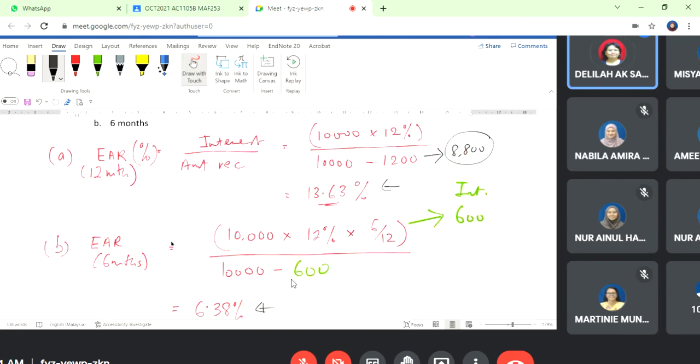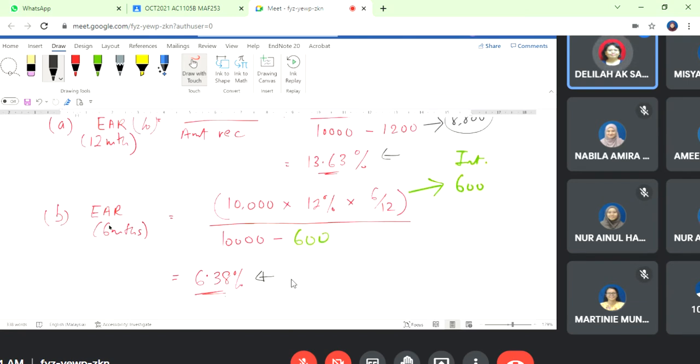Okay. So anytime the loan period is less than 12 months, okay, so in this example, this is 6 months. Kalau ada 3 bulan, 4 bulan, 9 bulan, then you have to adjust accordingly. So if it is 9 months, then it will be multiplied by 9 divided by 12. Kalau dia 3 bulan, that is times 3 divided by 12.